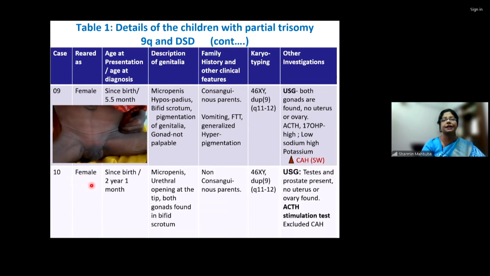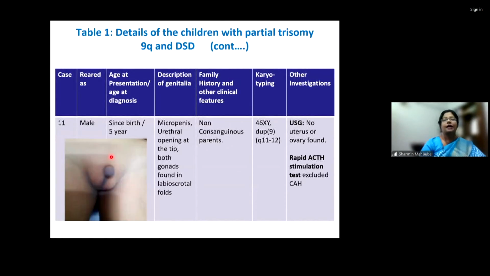The child presented with hyperpigmented genitalia and bifid scrotum, presence of gonads in both inguinal regions, and there was hypospadias. And this is the only child having 46,XY with duplication of chromosome 9 who was reared as male, having both gonads in the labioscrotal folds, micropenis, and the urethral opening was at the tip.